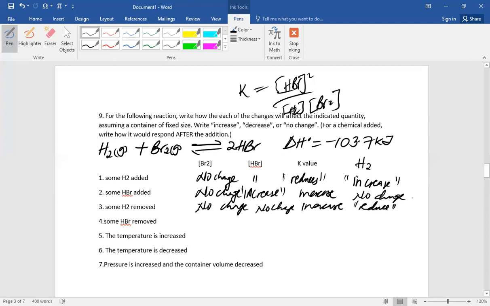Okay, HBr removed. So on Br2 there will be no change here. And then HBr is reduced, since it has been removed. Then the K value will reduce, and then the H2 value will be what?